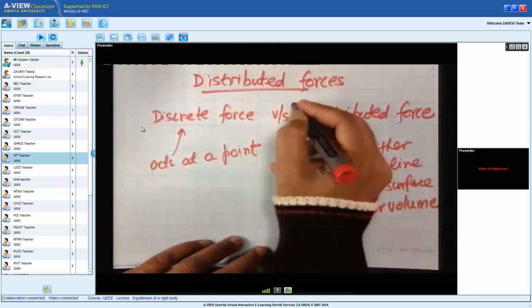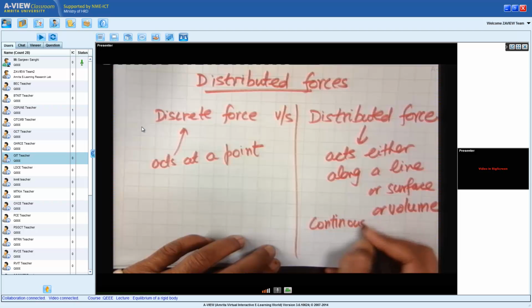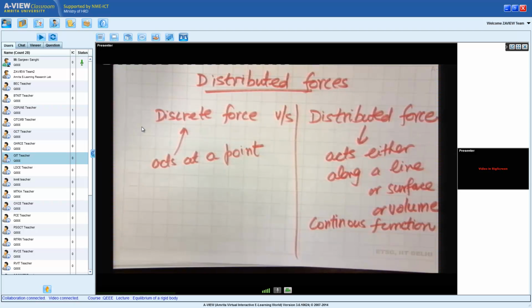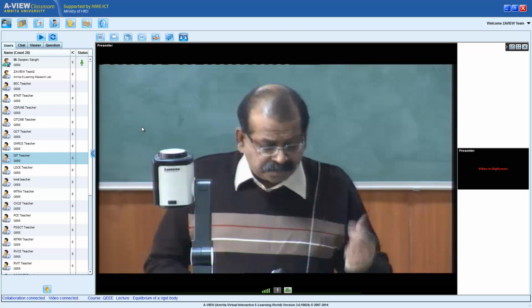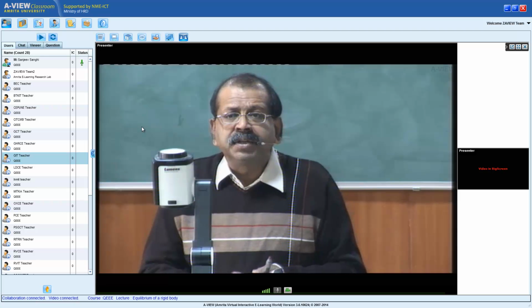So a distributed force is a continuous function. I will draw a figure to make these things clear, but a distributed force will act either along an area or along a volume, but the discrete force acts only at a point.